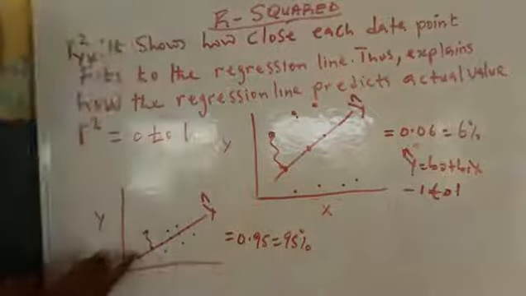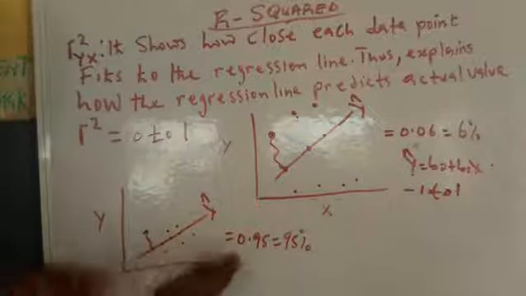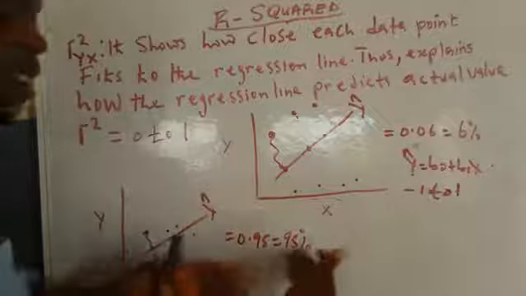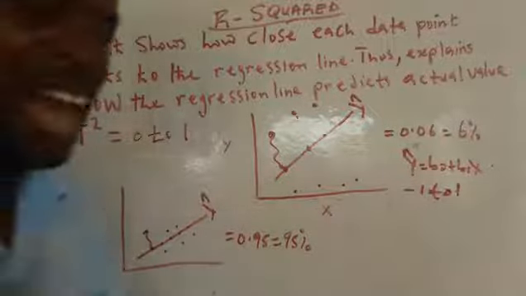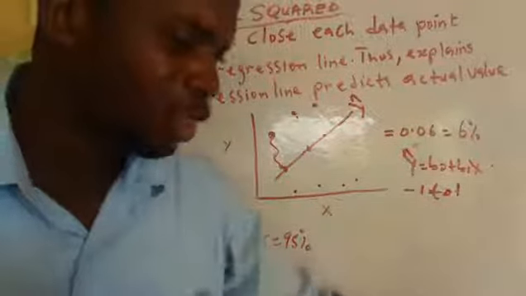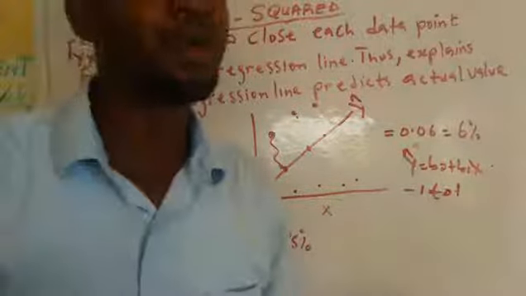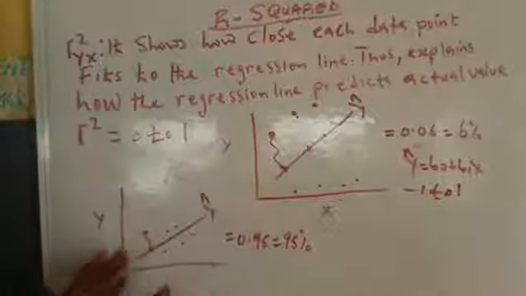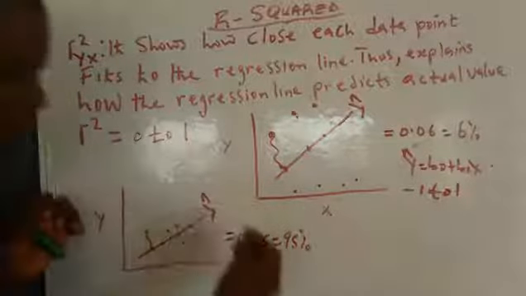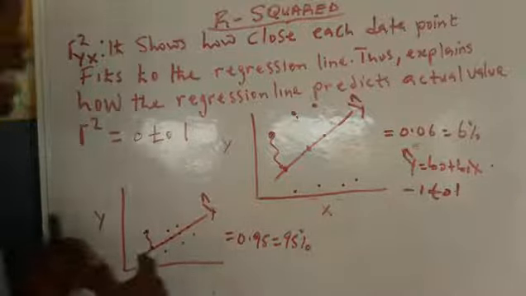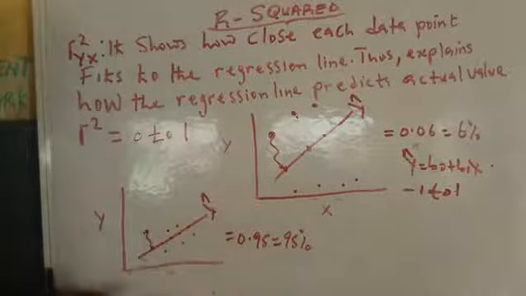Unlike this, where you have 0.95, when you convert this to percent, it's going to give you 95%. Imagine you have a friend and you know 95% of his attitude, then it's going to be very easy for you to predict that person. That is just what we are trying to say. So when you know 95% of the variation of a particular dependent variable, then it's going to be very good for you to predict it.